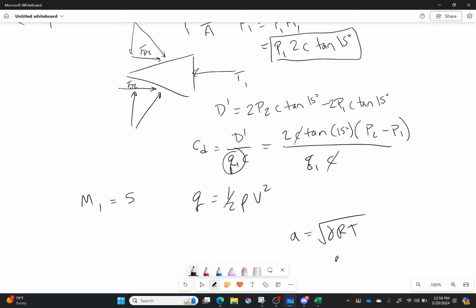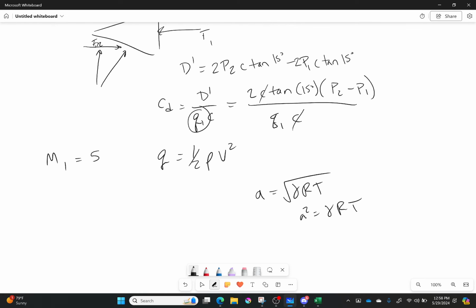Okay, so A squared is equal to gamma RT. And if we look at our old equation, we know that P is equal to rho RT, right? So let's solve for RT right there. So I get P over rho is equal to RT.